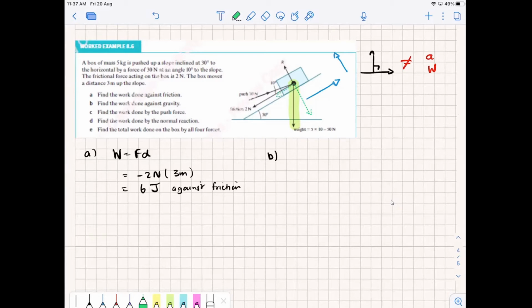Those are its two component forces. One of those forces has no impact on the work being done. Which one is that? Zara? Would you say it's this force or this force?